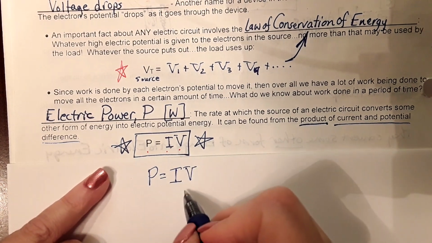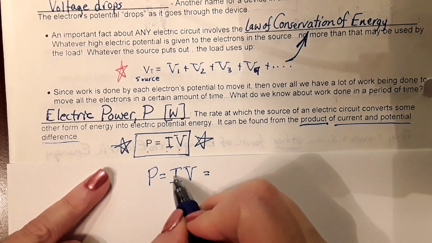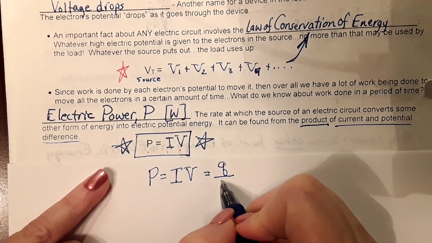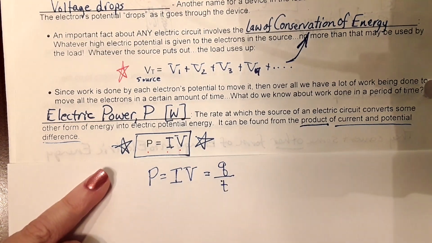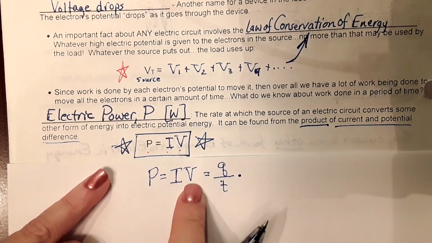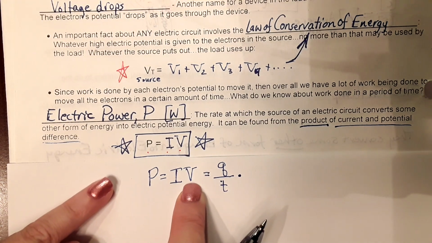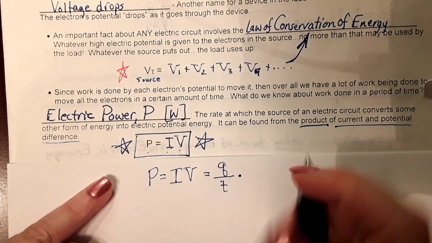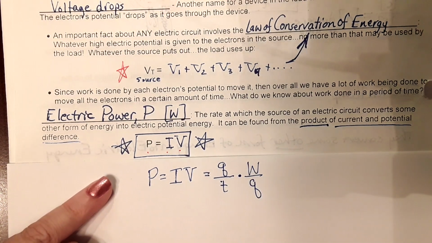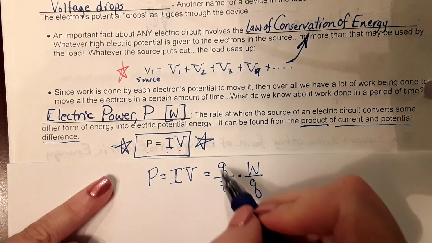Okay? Now, a moment ago, we said that current is the rate of charge flow, right? Okay, wonderful. But I also told you a few minutes ago that potential difference is the work done per charge. Aha! Now are you starting to see?